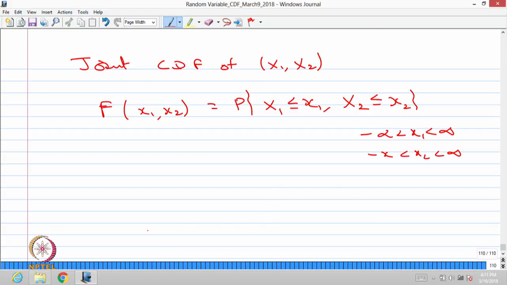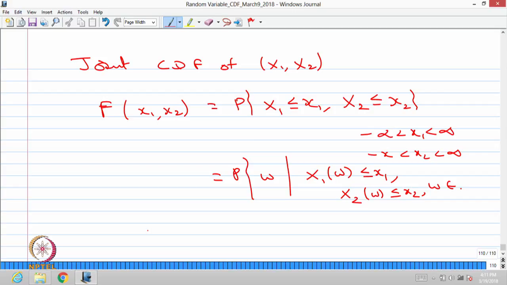That is nothing but P of the collection of w such that under the operation X1 the w has to be less than or equal to x1. That means this value can lie between minus infinity to small x1. Also the same w under the operation X2 gives a value less than or equal to small x2, and the w's belong to omega.